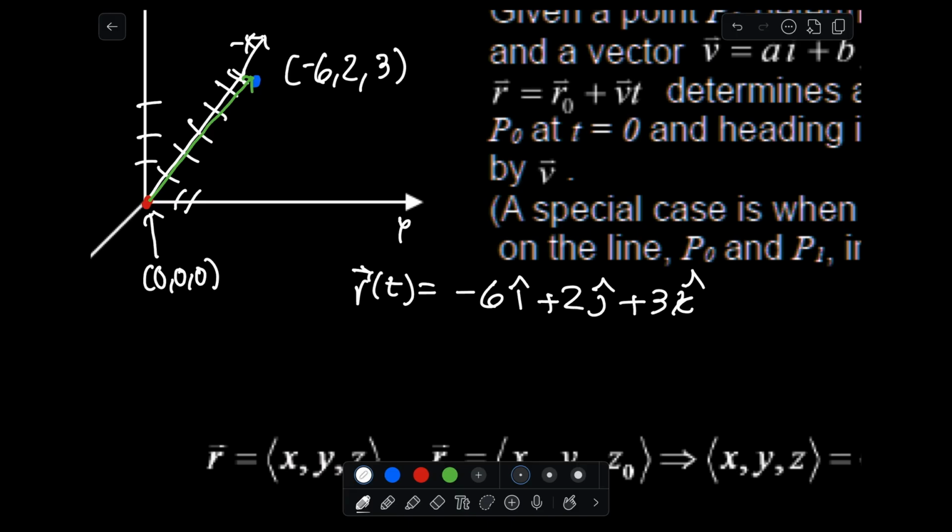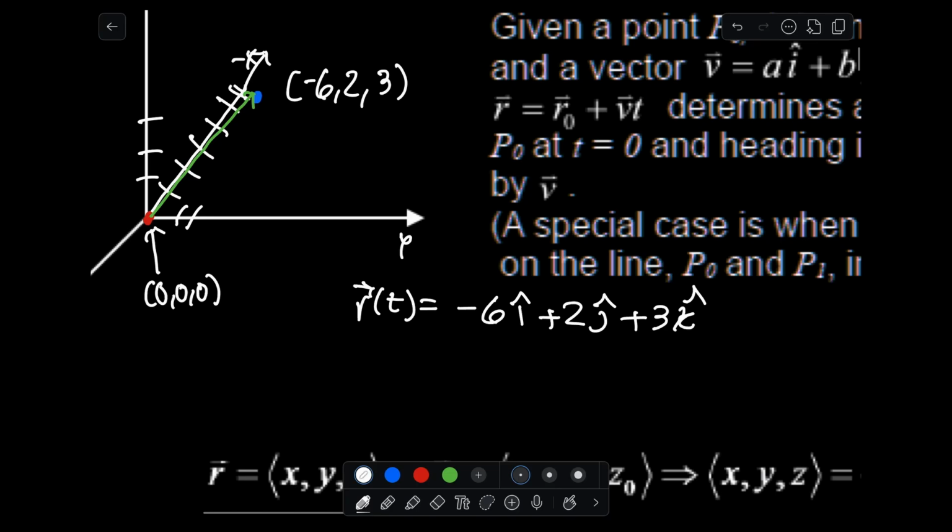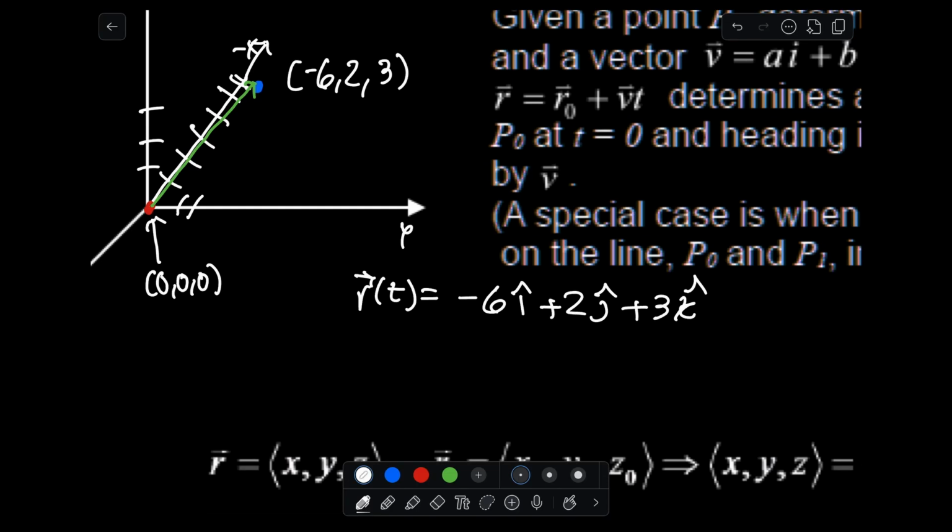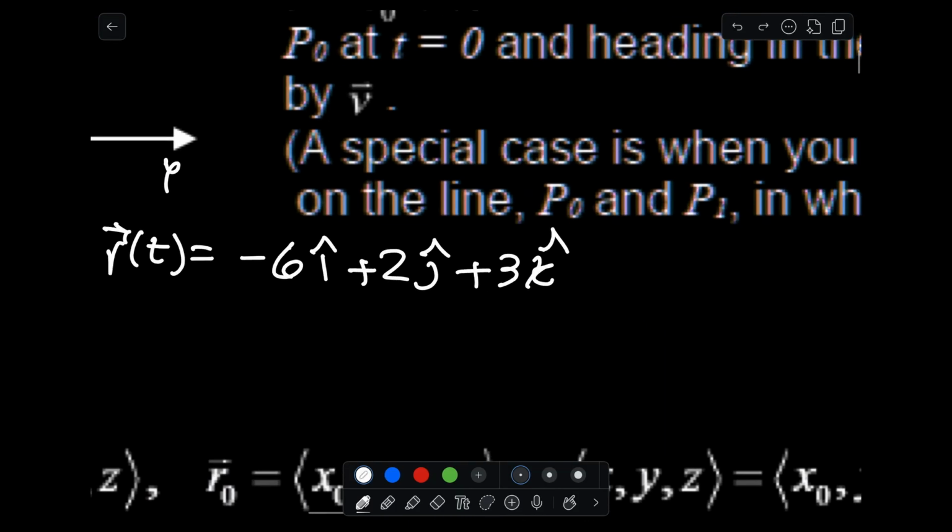This is only a part of the line, right? Because if we were to put something like r of 100, that doesn't fit on the green line shown right here. So what we have to do is bound this by saying that t is an element from 0 to 1.